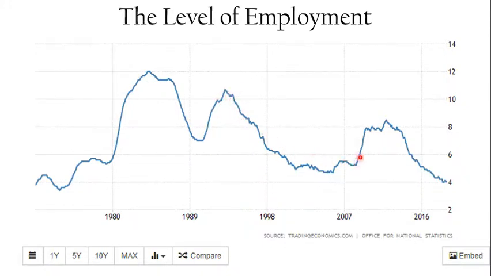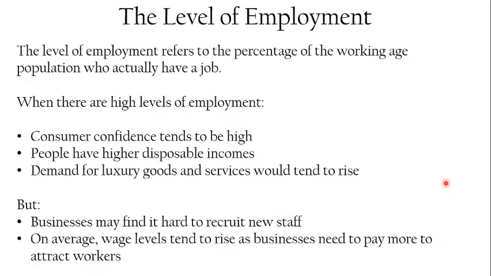Then there was a long period of falling unemployment up to the global financial crisis of 2007. This was arguably a far bigger recession than the others you can see here, where unemployment went to really quite high levels. So lots of economists were surprised that unemployment didn't rise higher than this. And unemployment is now at quite a very low level. I'm recording this in February 2019, and unemployment is quite low.